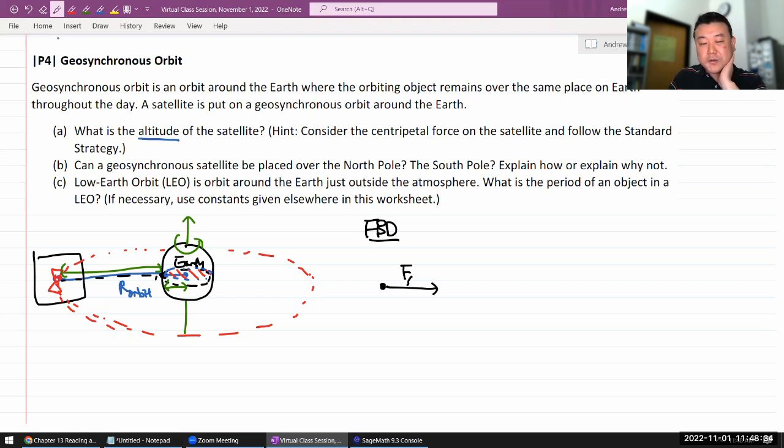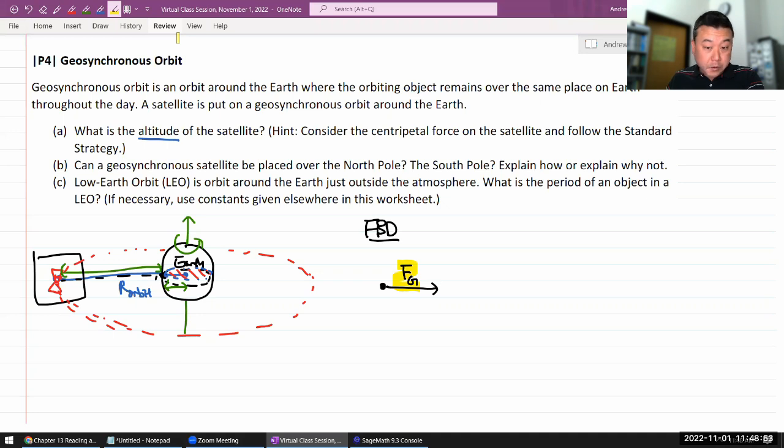So there's going to be that gravitational force. And you think through, what other force is there? After some thinking, the answer should be no other force. This is the one force on the satellite orbiting Earth.